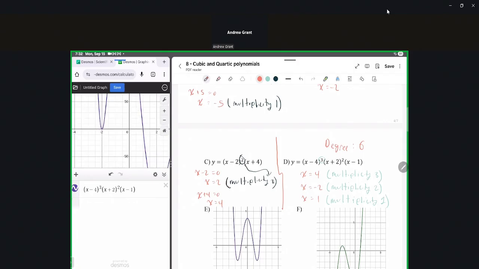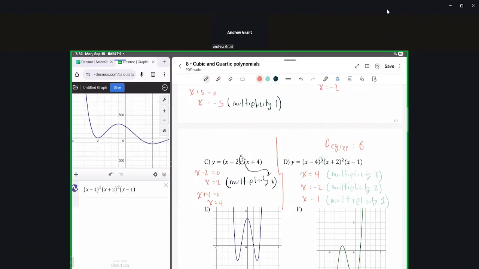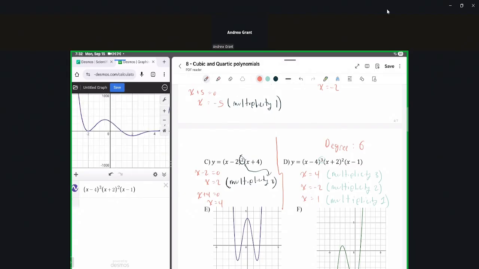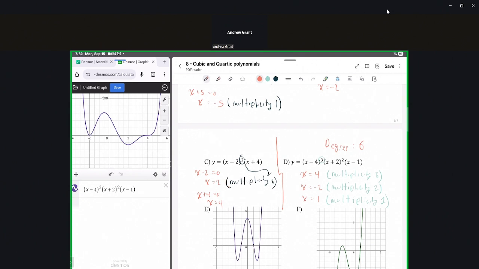As if to mess with the scale a bit here. There it is. And so you can see at x equals negative 2 is where this does a bounce off the x-axis. At x equals 4, you can see that it does an S shape its way through. And at x equals 1, it just passes through normally.